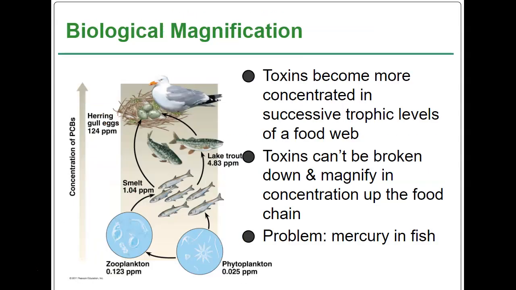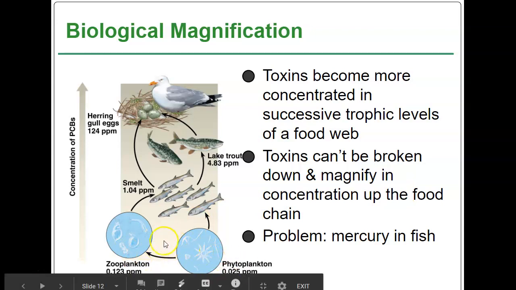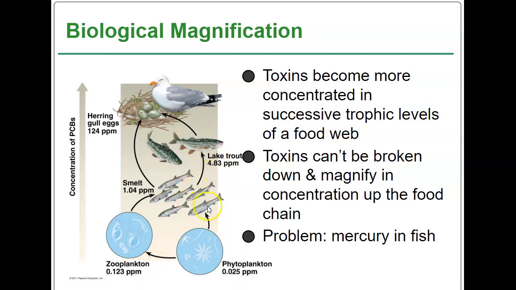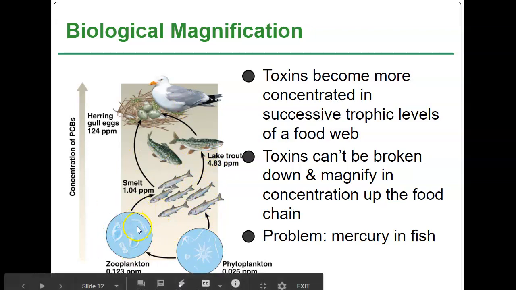Another thing to think about is something called biological magnification. And what that often means is thinking about the different trophic levels. And there might be photosynthetic bacteria at the bottom, tiny fish eat those, slightly bigger fish eat those, birds eat those. So whatever toxins might exist in these lower levels, well then like these smelt fish might eat a ton of them.